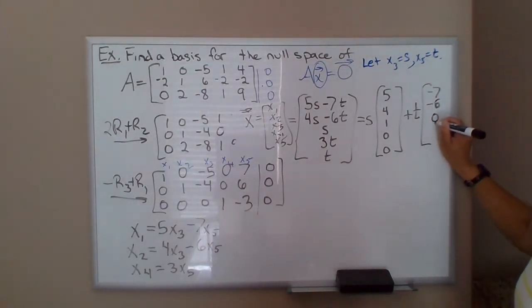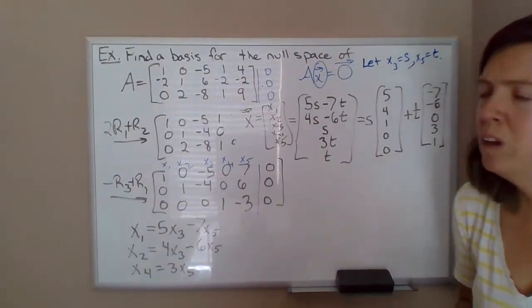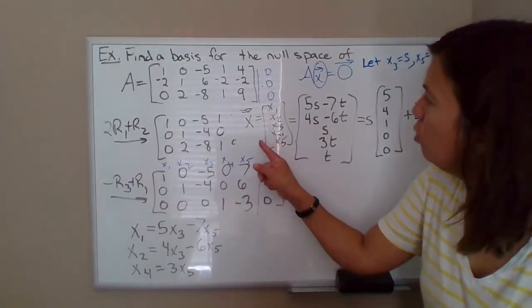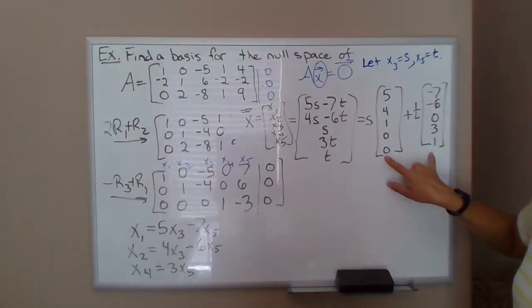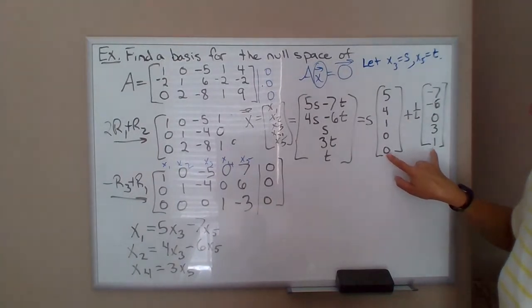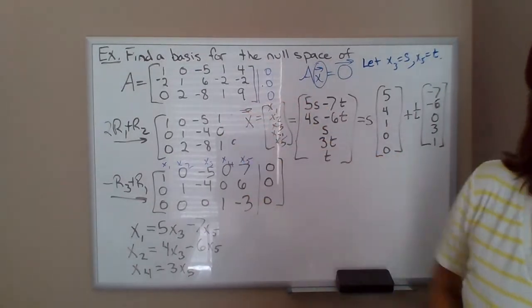Negative 6, 0, 3, 1. So any vector x in the null space is going to be a linear combination of these two vectors. So these two vectors span the null space of that matrix.